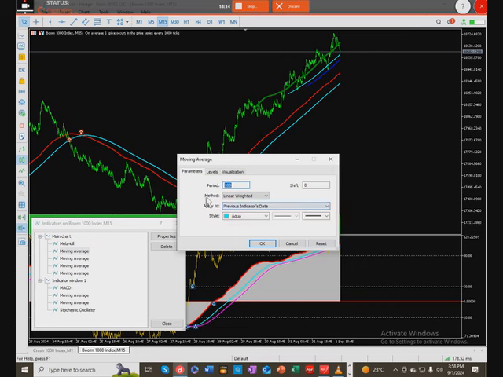So, ladies and gentlemen, when you don't have that indicator, that first one, this part will not allow you to get the previous indicator's data.